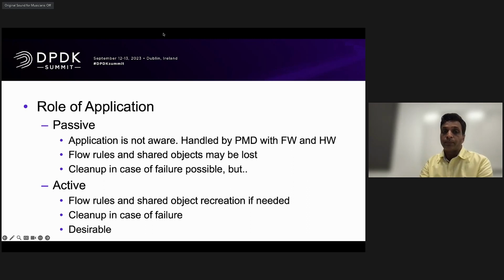Once the recovery process is complete, it would get a notification that the process was successfully completed, and it can replay the flow rules. It can recreate the shared objects and any other things which it deems necessary.